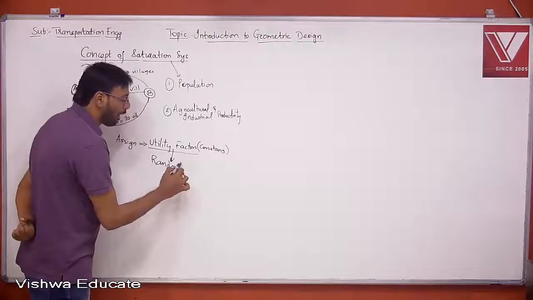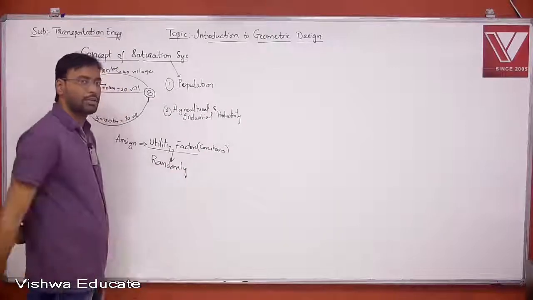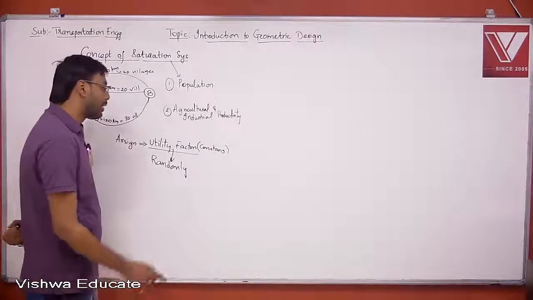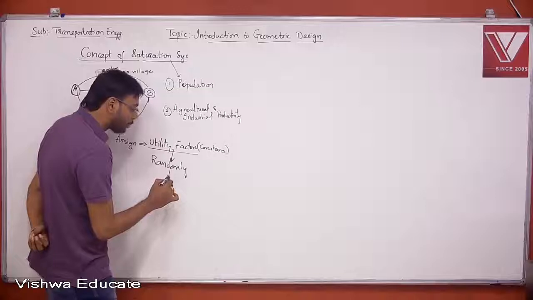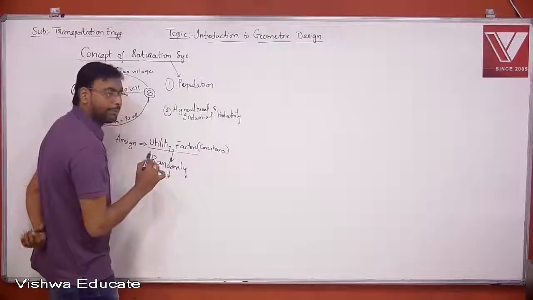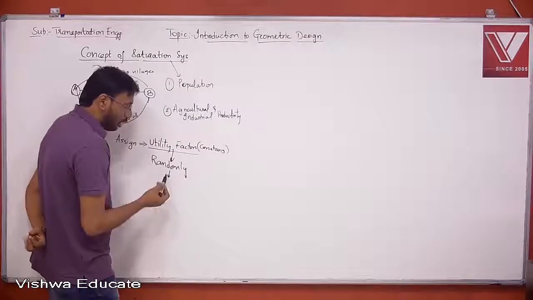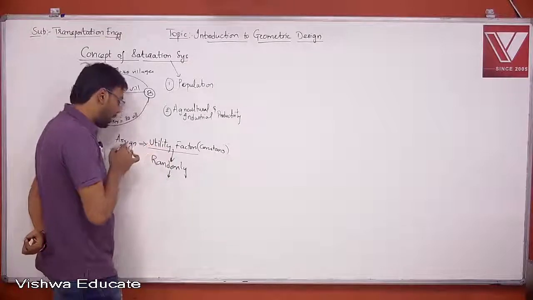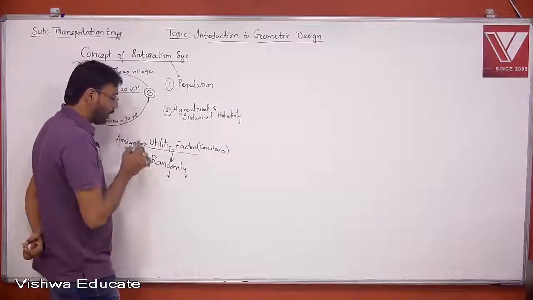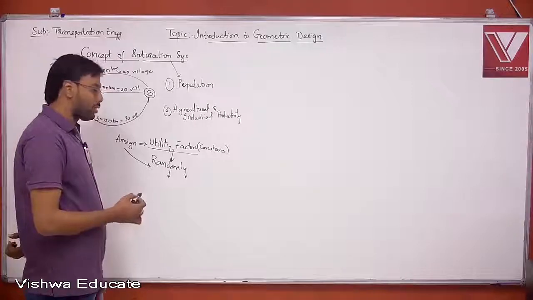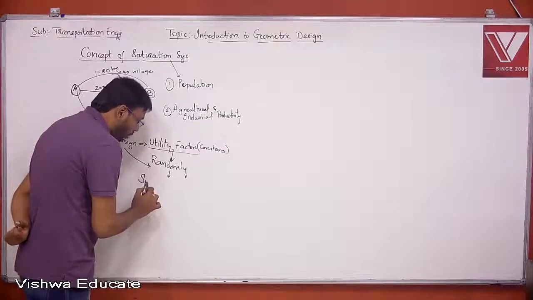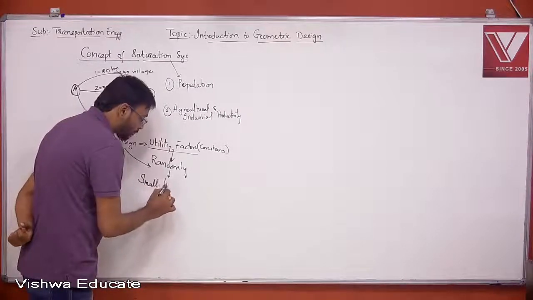There are no hard and fast rules for assigning these utility factors, and it is completely random. But when you are deciding these utility factors, a small logic is to be followed.